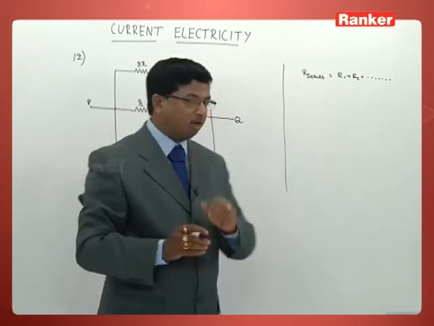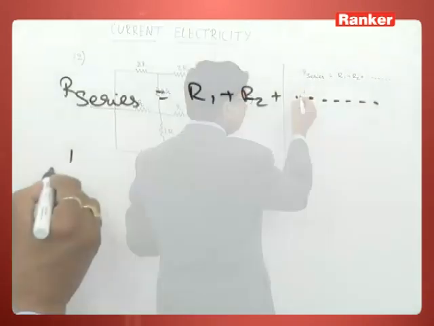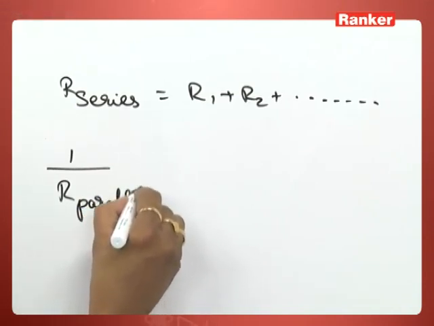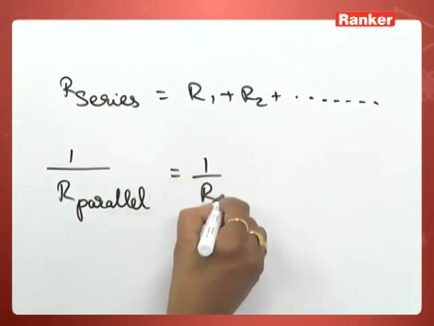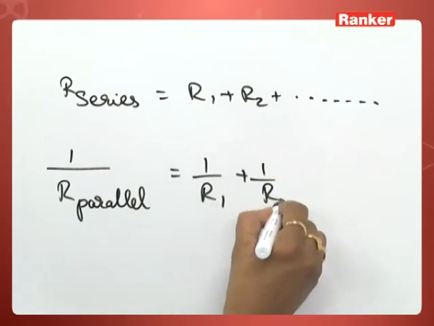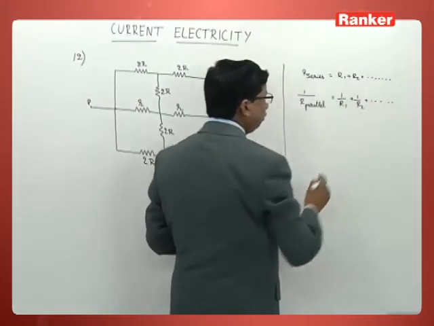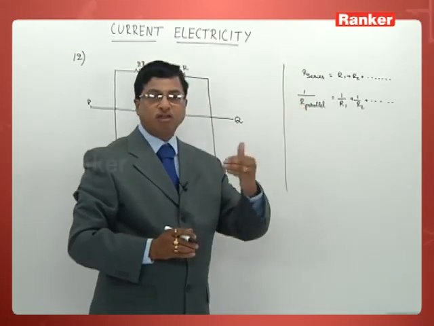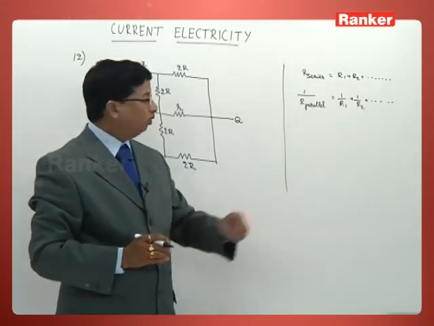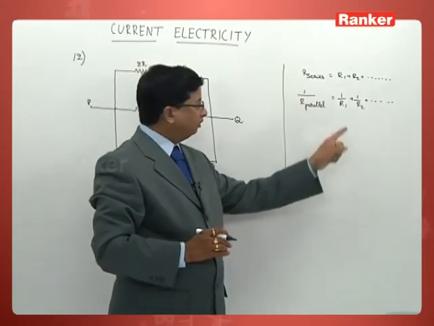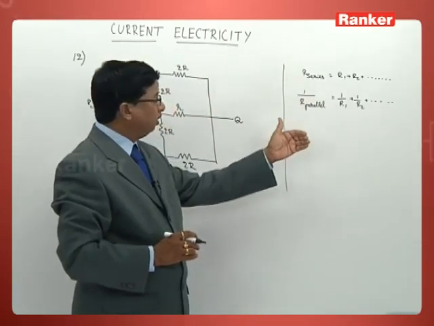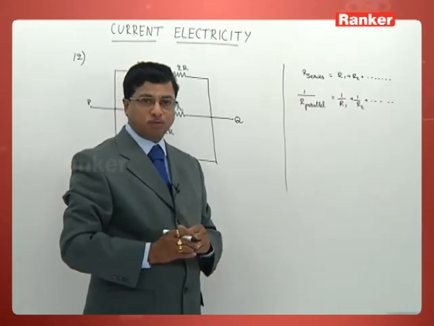Exactly in the same manner, when resistances are connected in parallel, then the reciprocals of their individual resistances are to be added up to get the reciprocal value of the effective resistance. So 1 by R parallel is equal to 1 by R1 plus 1 by R2 and so on and so forth.